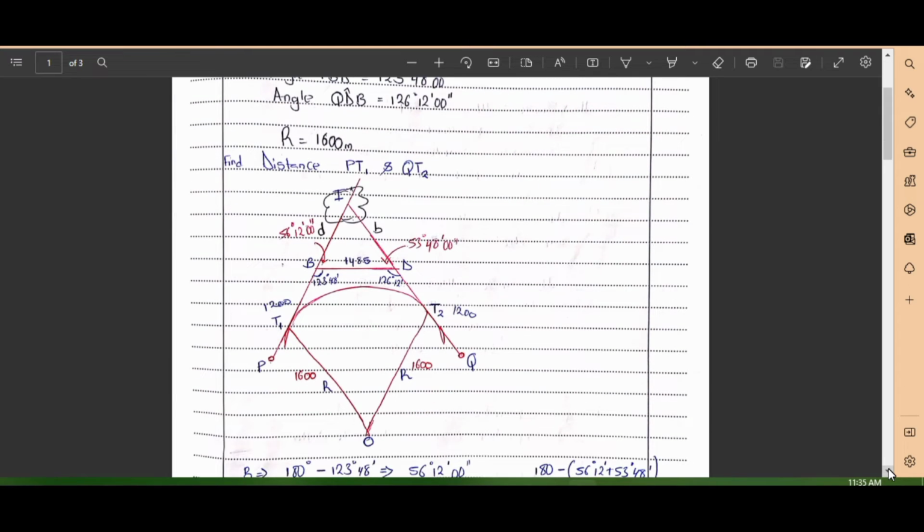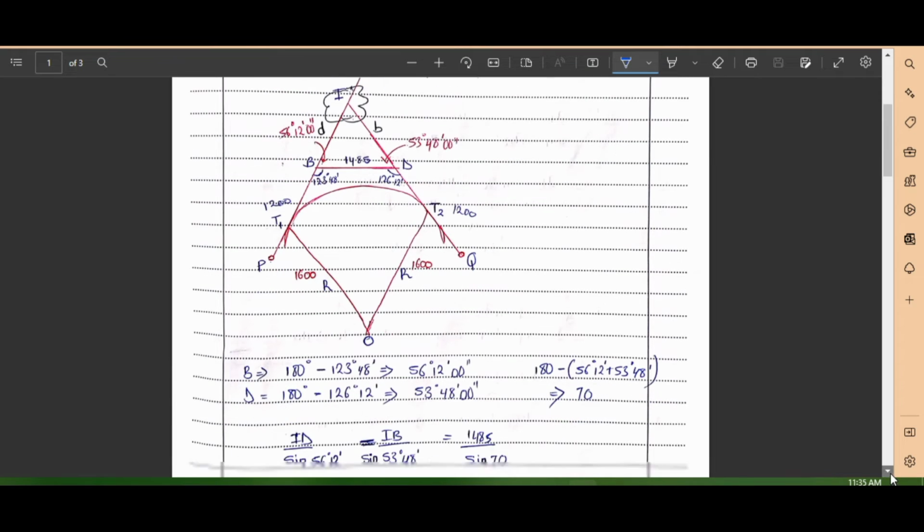So here the question, I've already done that. In order for us to find the internal angles here, you subtract from 180 because the angles on a straight line add up to 180 degrees.